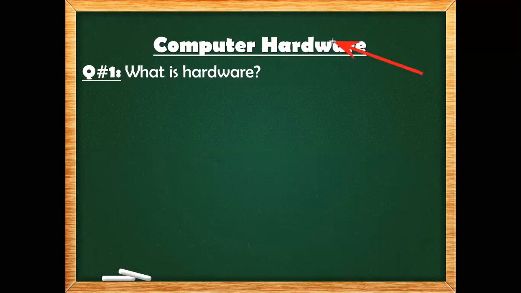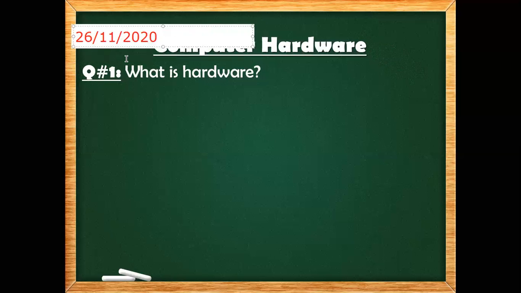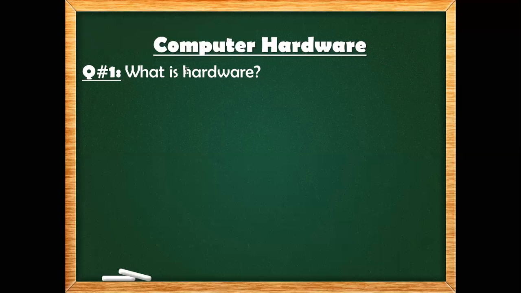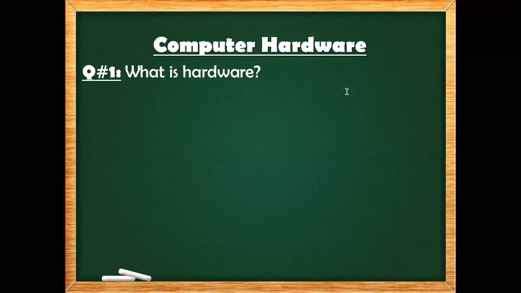and on the left hand side, you have to write the date. What is the date today? Today is 26 11 2020. So everybody write it. Let me write the date at the corner.